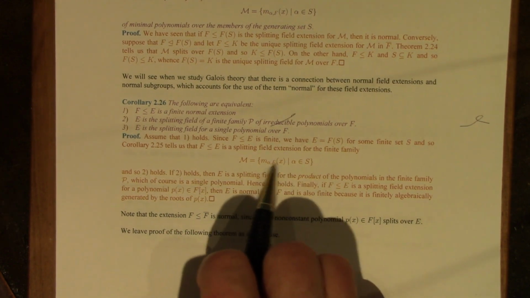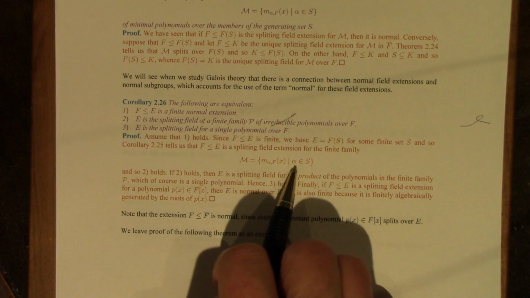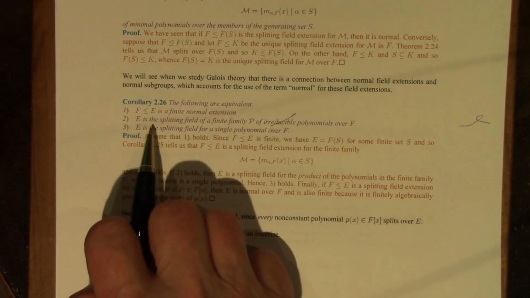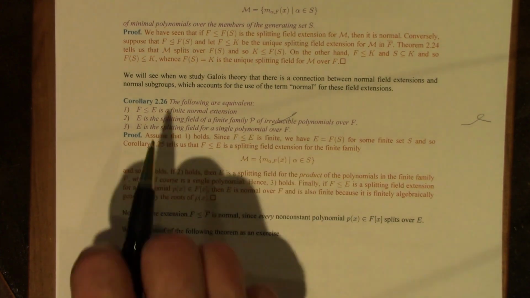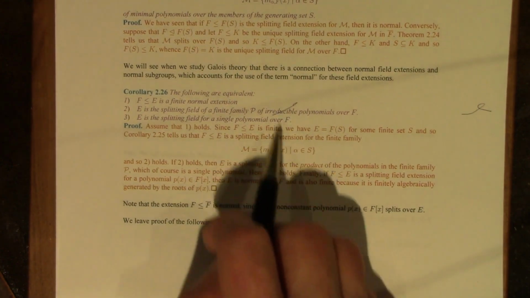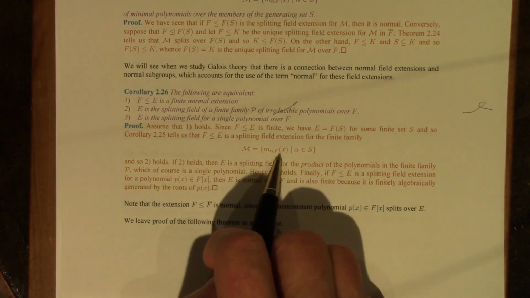These are the minimal polynomials for the elements of the generating set. So that's a finite family, because S is finite, and so that means 2 holds. Okay? And you can see why I put irreducible here, because they're minimal polynomials.